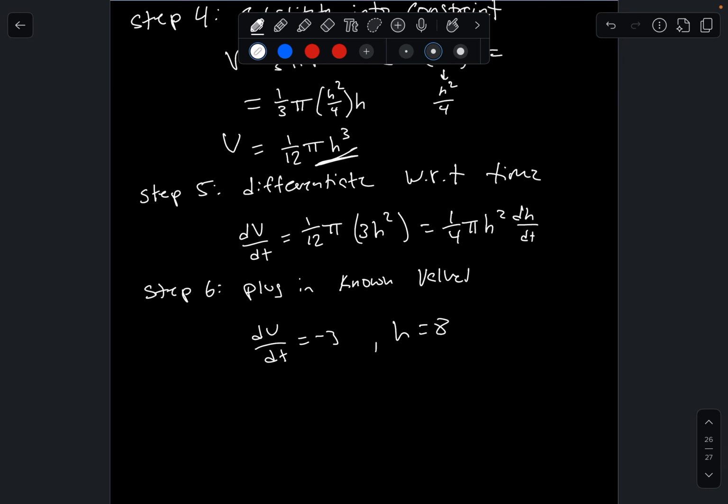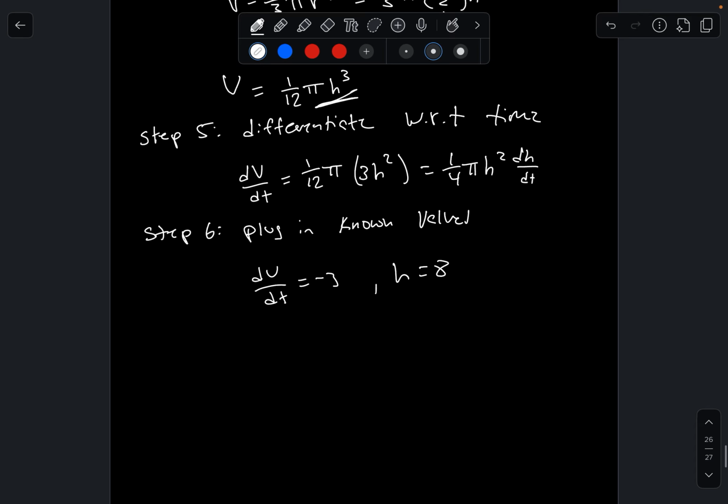All right. So now that we have dV/dt is -3 and h is 8, let's rewrite this. We have -3 is equal to 1/4 pi times 8 squared dh/dt. Let's simplify 8 squared. This becomes 64.